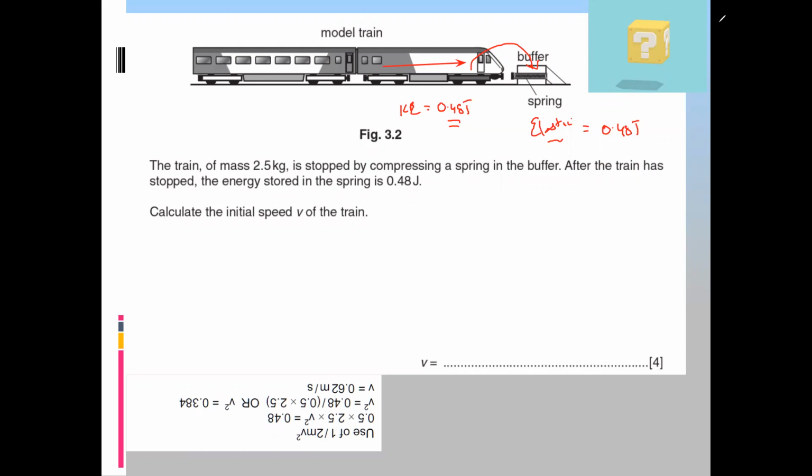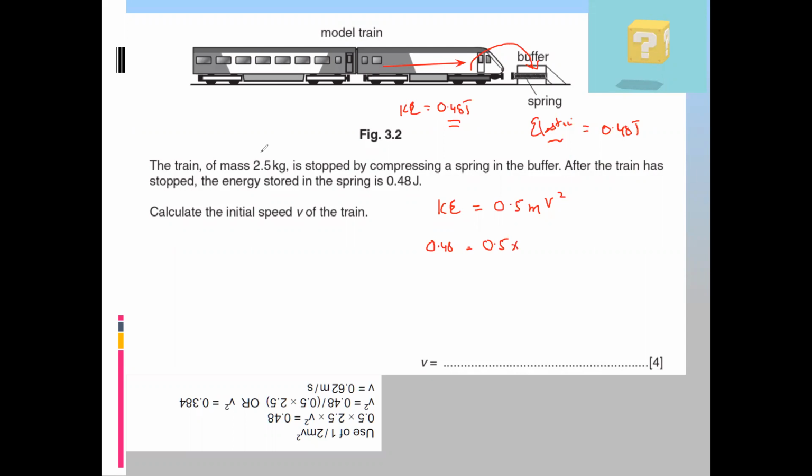As the train was moving, which form of energy will it have? Kinetic. So kinetic energy is equal to half mv square. Instead of writing half, it's better to write 0.5. What is the kinetic energy? That is 0.48. 0.5 multiplied by the mass.